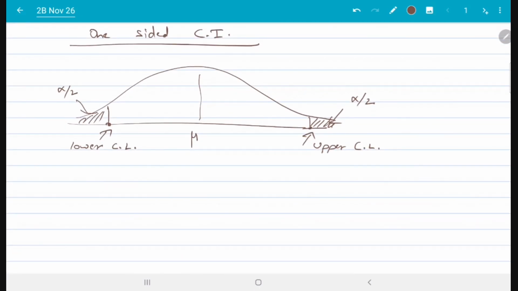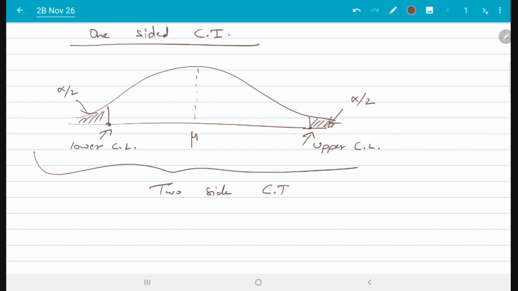Okay, under the assumption that because of the uncertainty, the value that you get can be either a little higher or a little lower than the true population mean. This is the two-sided CI.